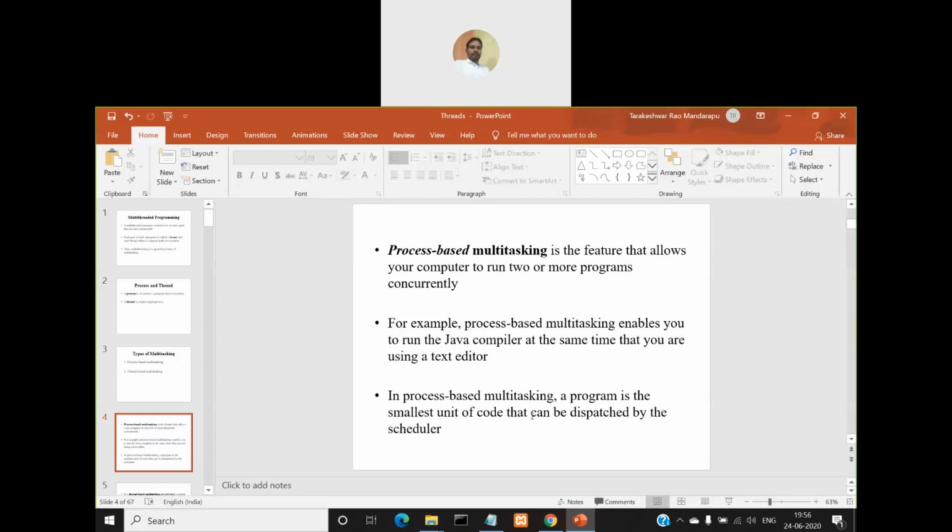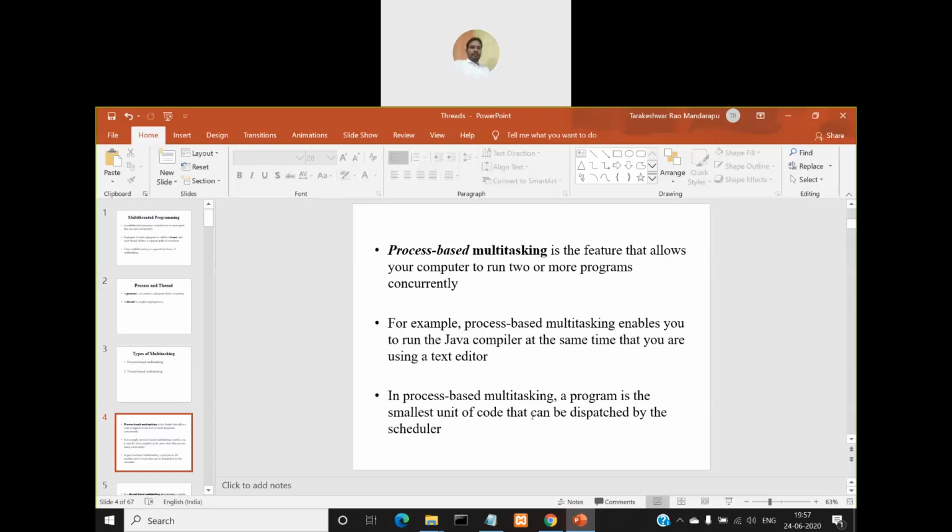It works like a token system: token number one is given to one process, token number two to another.